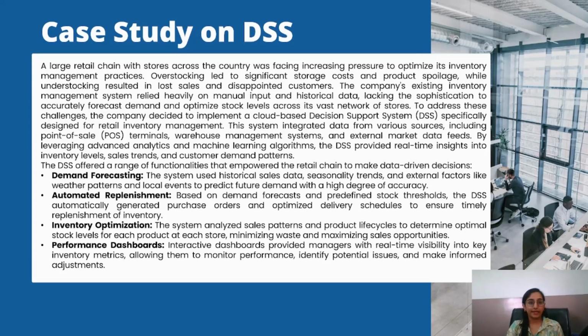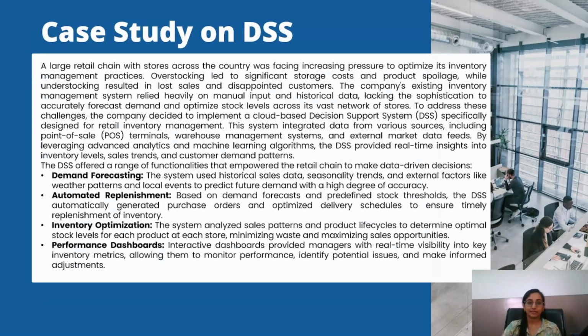This case study examines how a large retail chain successfully tackled inventory management challenges by implementing a cloud-based DSS. The company's previous system struggled with inaccurate forecasting, leading to both overstocking and understocking, which increased costs and hurt customer satisfaction.